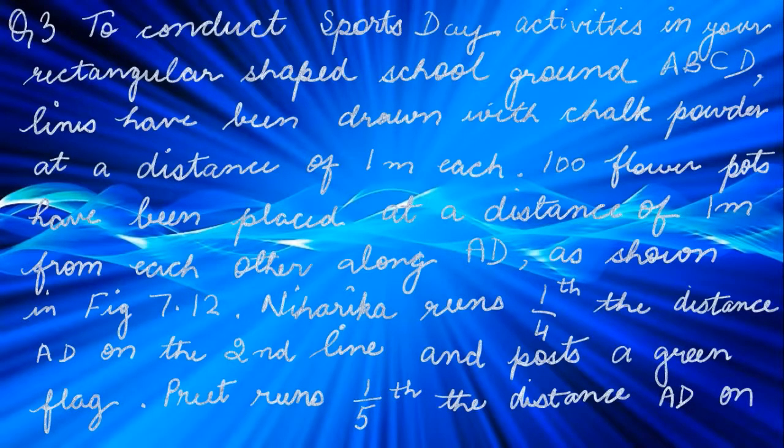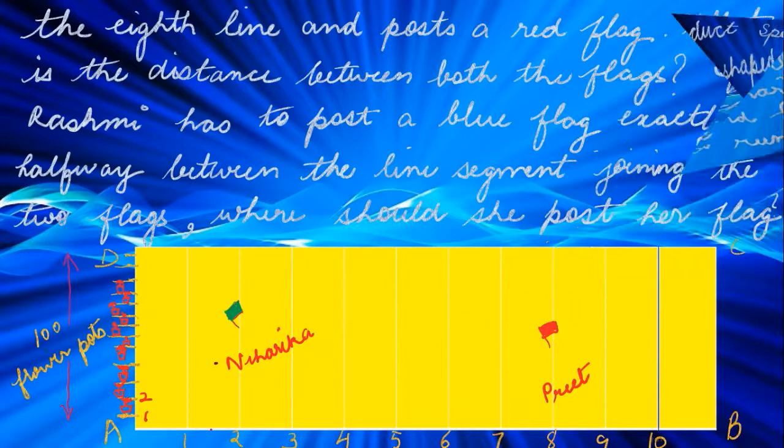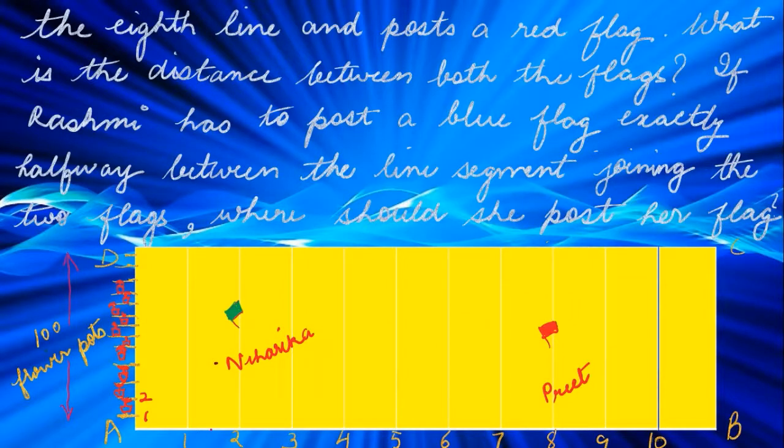And Preet runs 1/5 the distance AD on the 8th line and posts a red flag. What is the distance between both the flags? Now we want to find out the distance between these two flags.